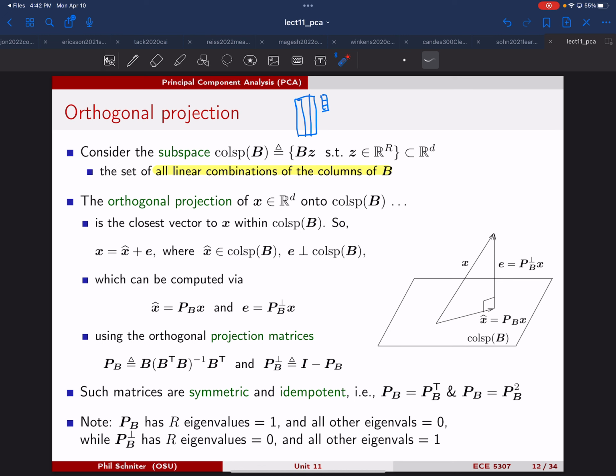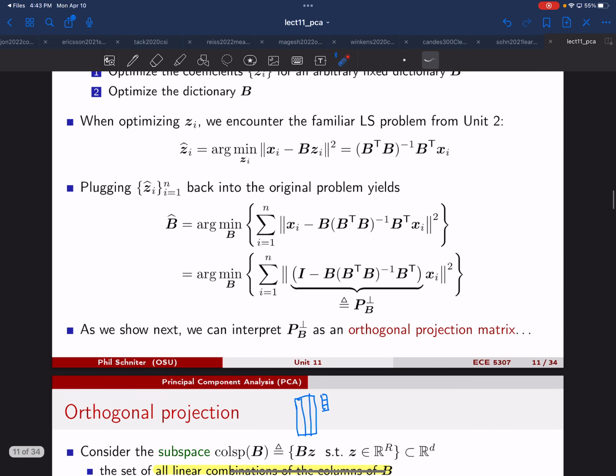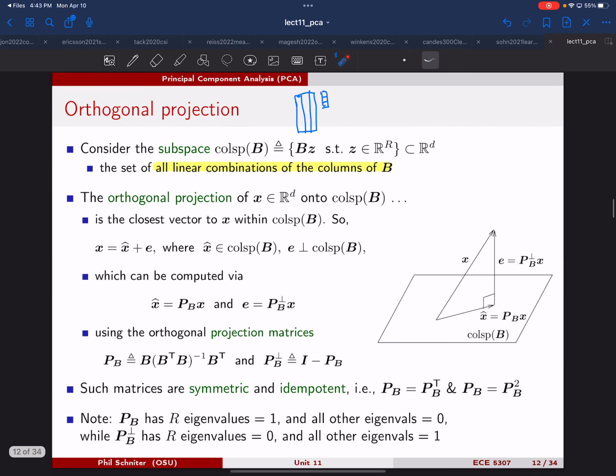Okay, so that's essentially what we have here. We have an orthogonal projection matrix. You can now understand geometrically what this means. We take xi, which is outside of the plane, and what does multiplication by PB perp do in words? Or in terms of this picture? What does it give us? It's the error.